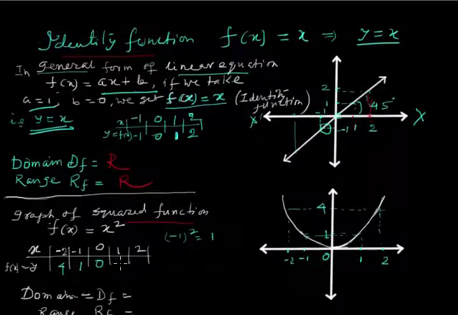If you take 1, 1. If you take 2, 4. So we plot the points (1, 1), (2, 4), (-1, 1), (-2, 4), and if we join them, we get a graph like a U-shape.